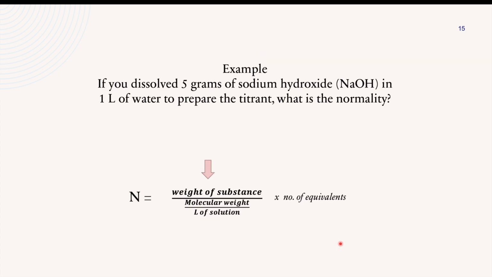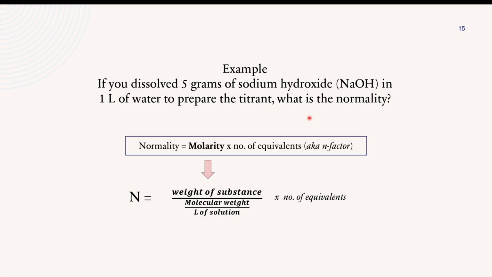Okay, let's take an example. You have 5 grams of this chemical, sodium hydroxide, and you dissolve it in 1 liter of water. So you have the volume, which is 1 liter. You are asked, what is the normality of this solution? So remember, normality is molarity times the number of equivalents, aka your N factor.